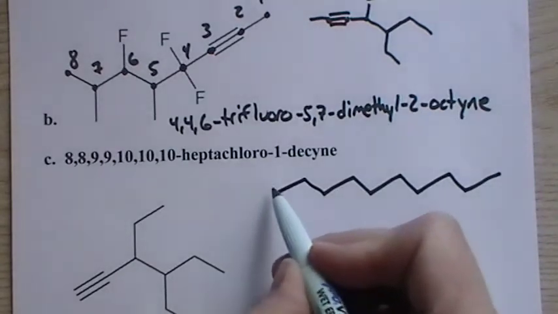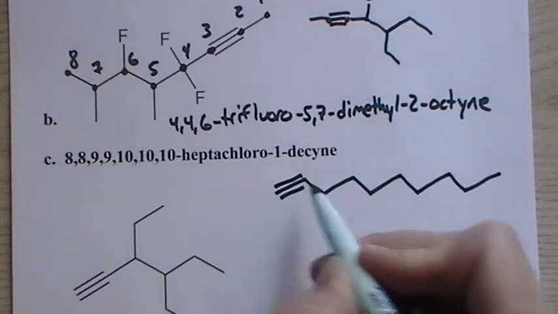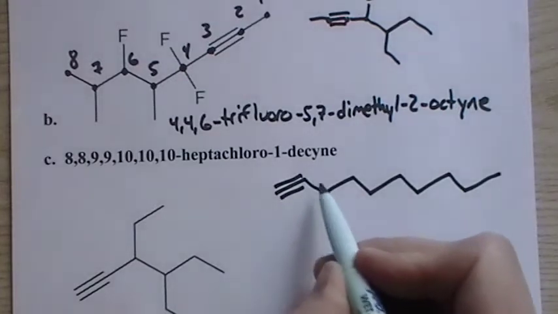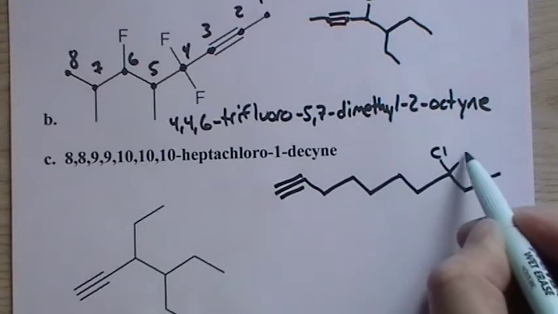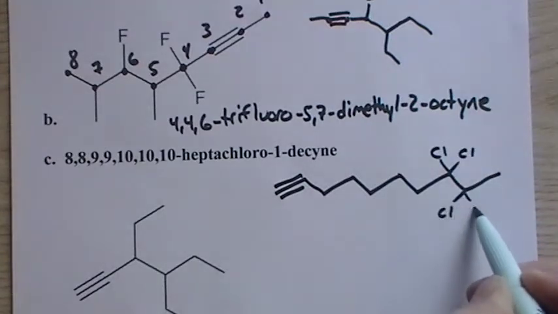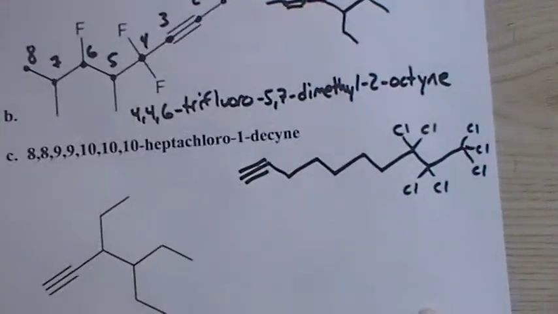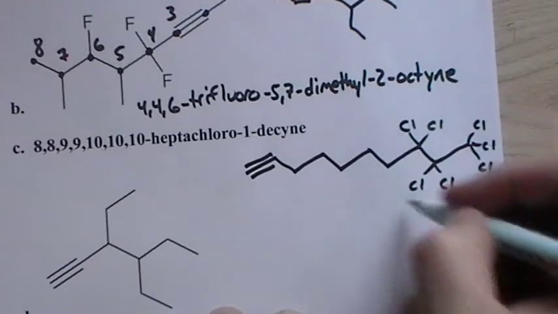And then we have the triple bond will be on the end here. And we have, so this be 1, 2, 3, 4, 5, 6, 7, 8 chloro, 8 chloro, 9 chloro, 9 chloro, and then chloros on each of the ends here. The reason I created this one is because you see all the chlorines are right down at the end here.